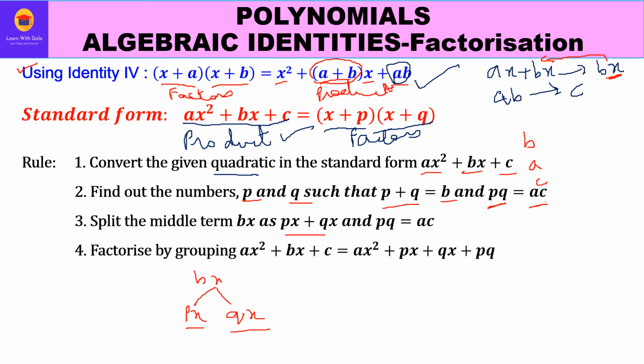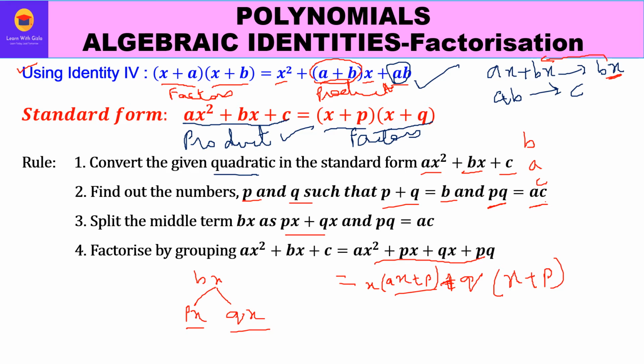After splitting, we will take common terms. Over here we can take x common, so x + p is left inside, and over here we can take q common with the plus sign outside, and x + p is left inside. Further, we will see what can be taken common outside.